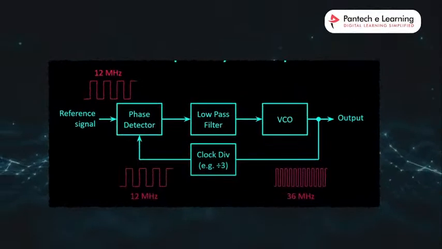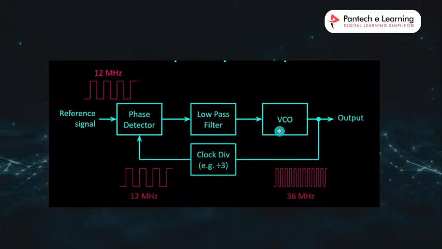This is a circuit for the PLL, phase locked loop. The input of the circuit is a reference signal. It comes from the output of our global oscillator, the main oscillator, and there is another oscillator, the VCO. VCO stands for voltage controlled oscillator.